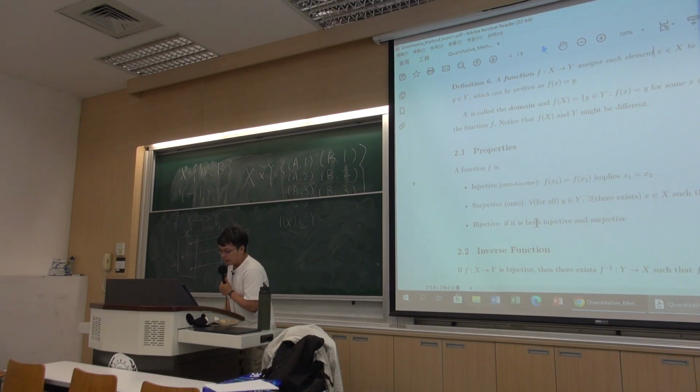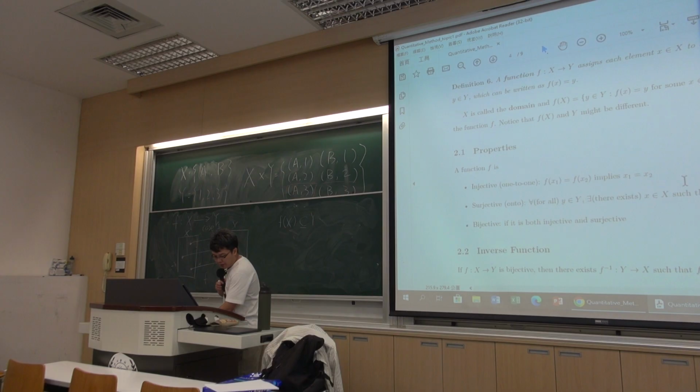Here is the more formal definition: f of x1 equals f of x2 implies that x1 and x2 are equal. So that means it's one-to-one, as I put it there.